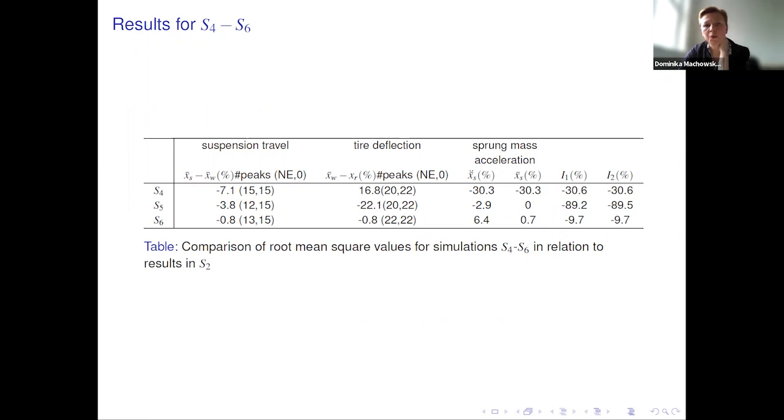But that's not all of the situations. We analyzed other parameters and we get similar results. The result doesn't depend on the parameters.